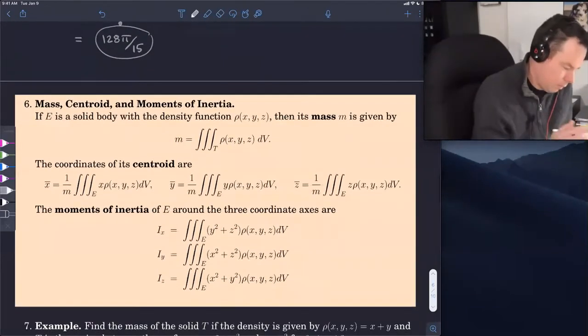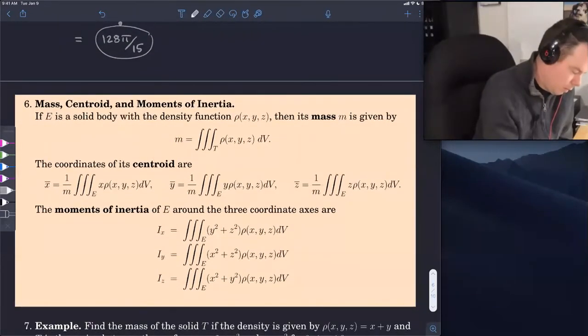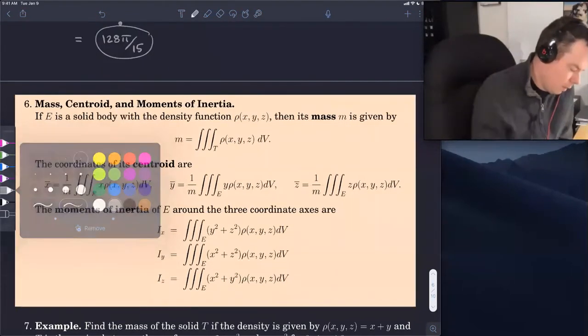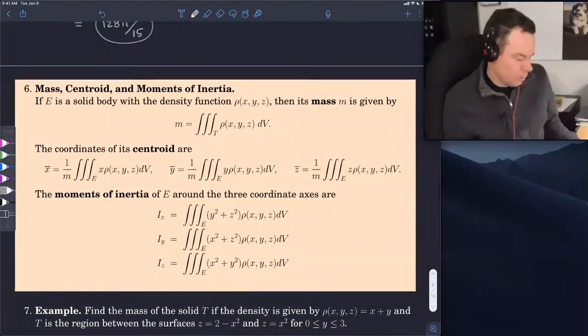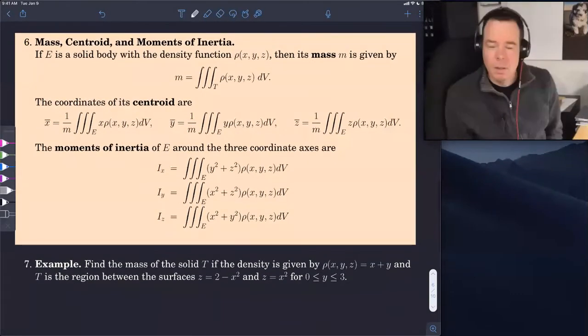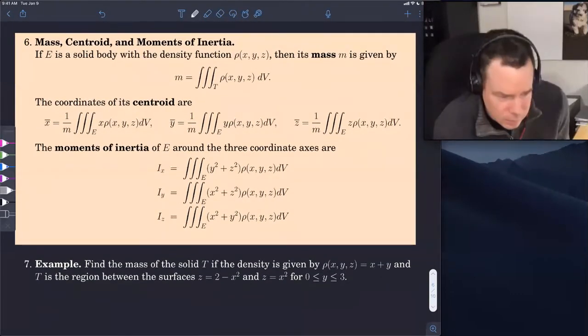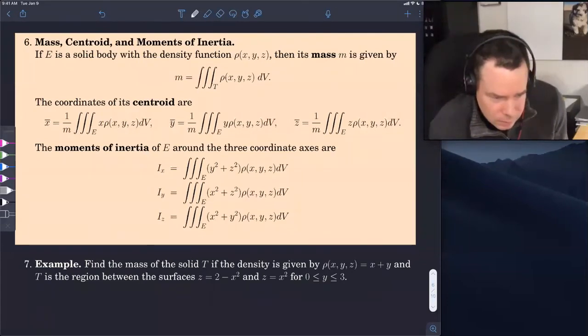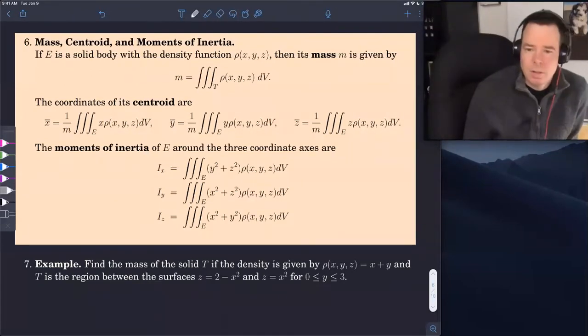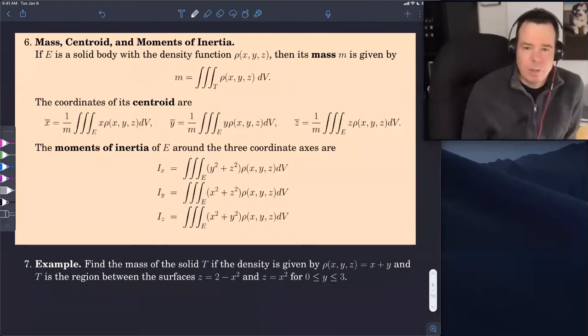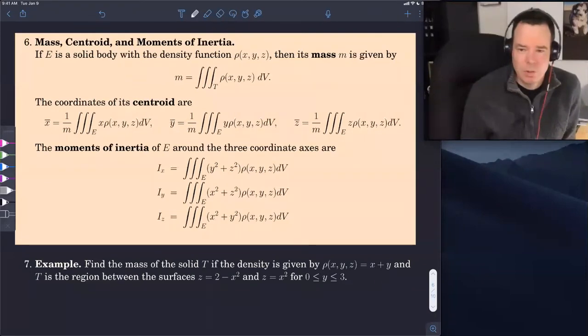Okay, so let's have a look at the next example. We've got a couple more examples to compute, but I just want to make the connection that just like we had in our applications of double integrals, we get the same kinds of things coming up in triple integrals. So we can work out mass, centers of mass, moments of inertia, all for solids now.